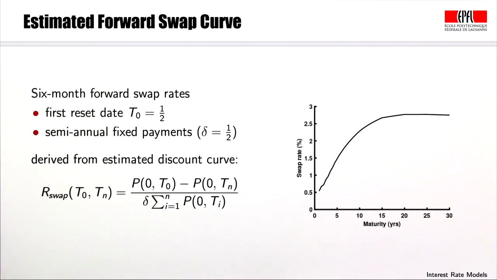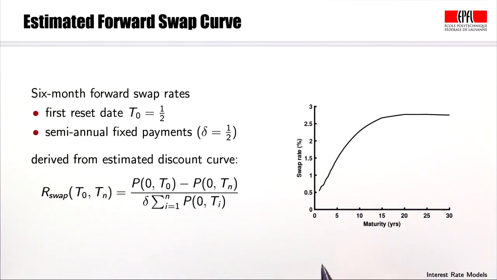We then compute from this discount curve the 6-month forward swap rates whose first reset date T0 is equal to 1/2 and that have semi-annual fixed payments. We derive these swap rates from this well-known formula.